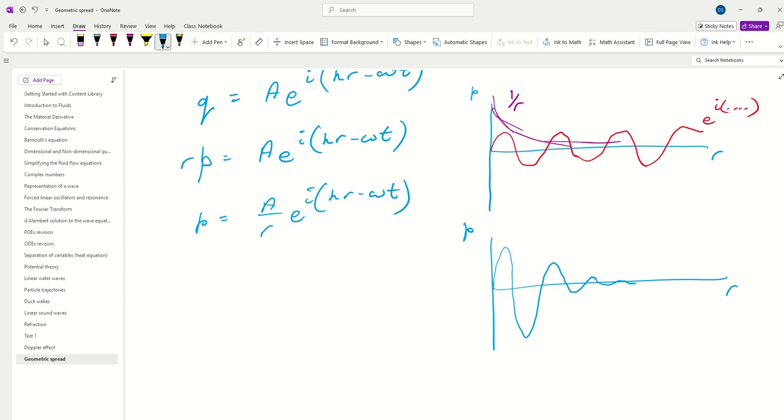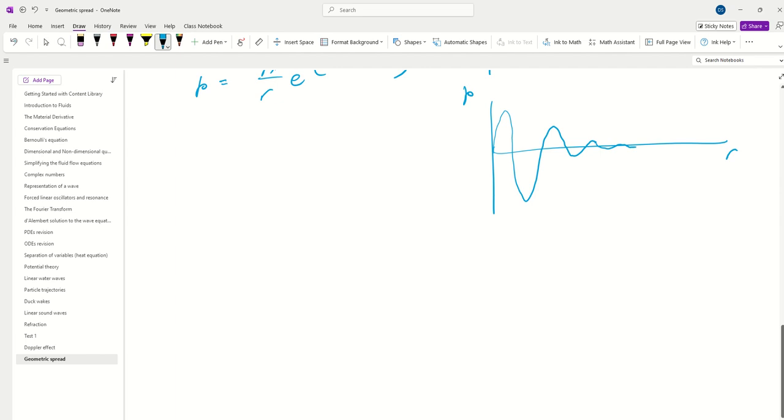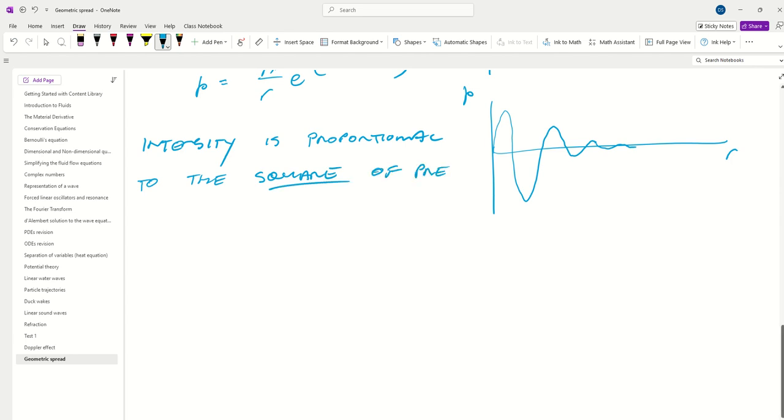Now this is pressure, this is not intensity, but we know the intensity is related by the square. So what we're going to have is intensity is proportional to the square of pressure.